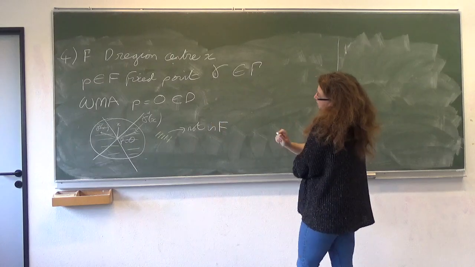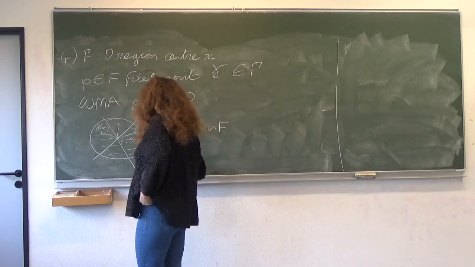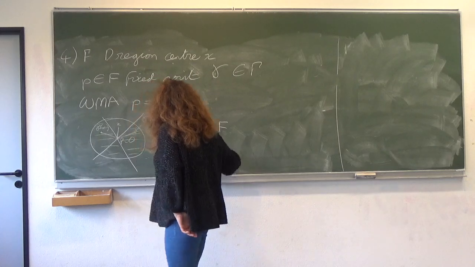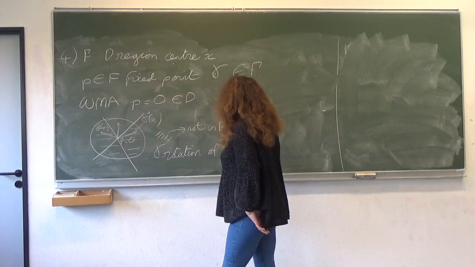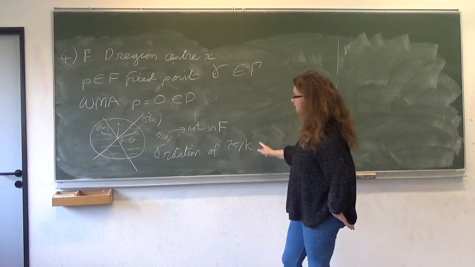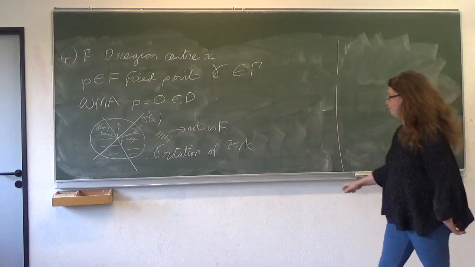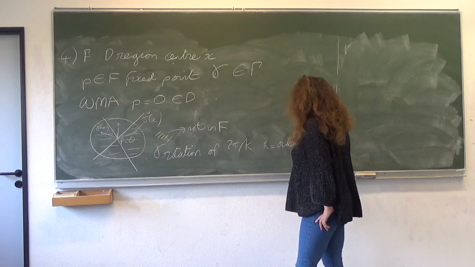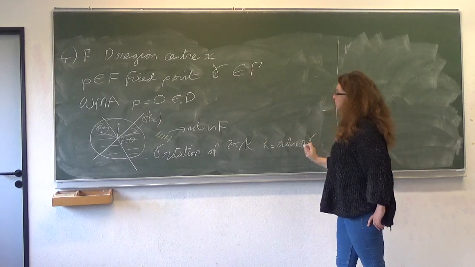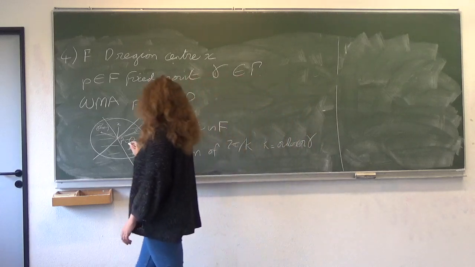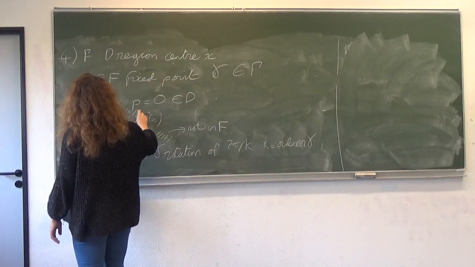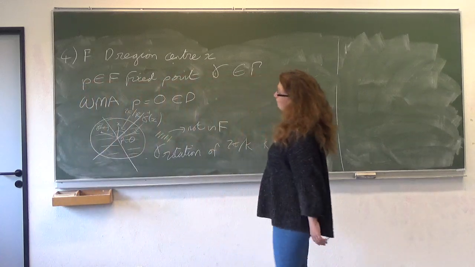Okay, and now gamma, I may assume, is a rotation of 2 pi over k, where k is the order of gamma. Then this angle here is likewise 2 pi over k.